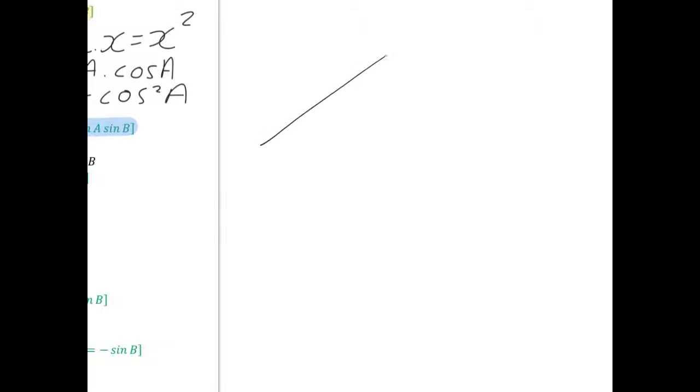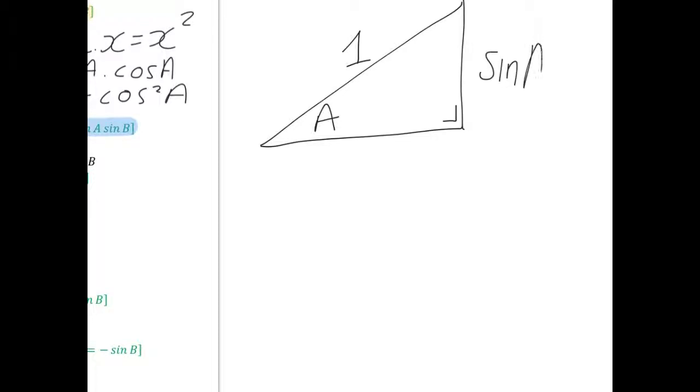If we have a right angle triangle, and this angle here is A, and this is length 1, then we already know that this length over here is going to be sine A, and this length here will be cos A. But if we look at this triangle, we know two of the angles already, and we know that triangles must add up to 180 degrees.